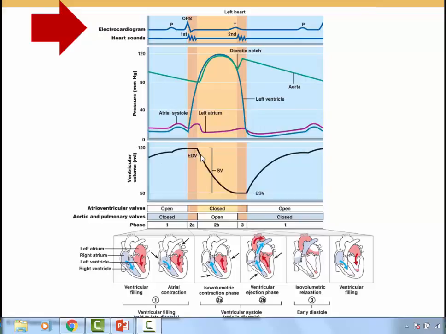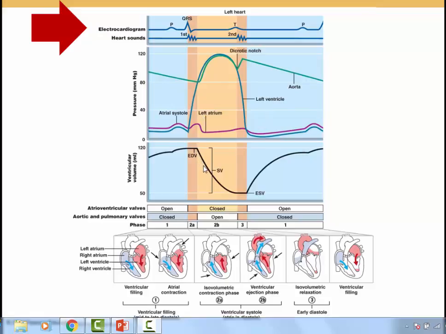Obviously, when we contract those ventricles, they are going to lose volume, then fill up again, and then in the next round for a heartbeat, do the same thing, contract systole, diastole relax, and fill up again with volume of blood. There's going to be different pressures going on during this time as well.